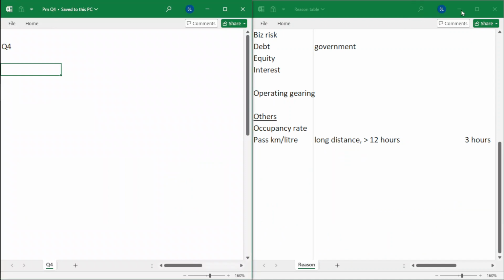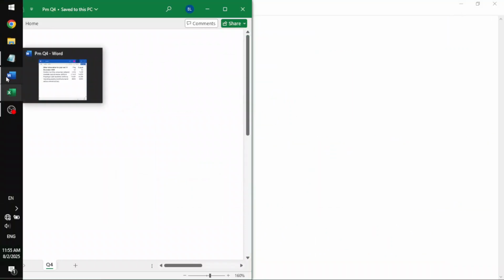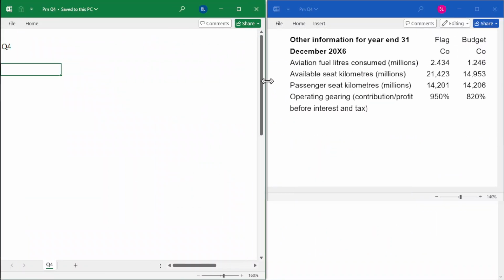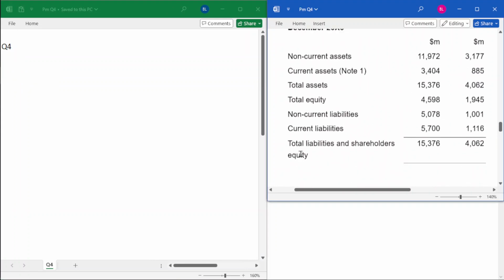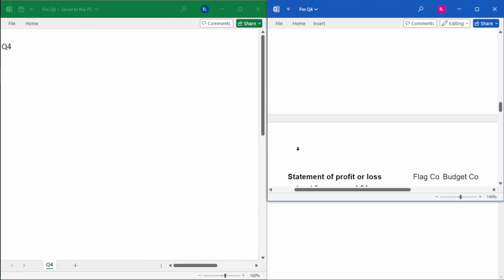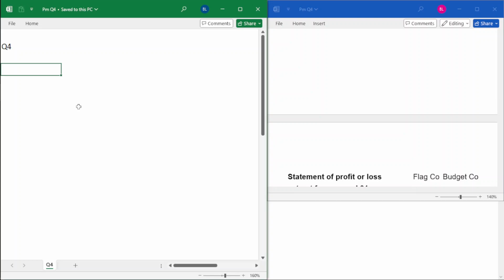Okay, so let me see this. For question 4, A, assessment, the profitability.